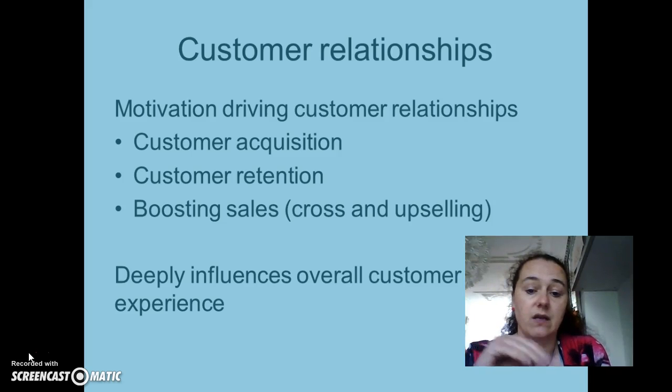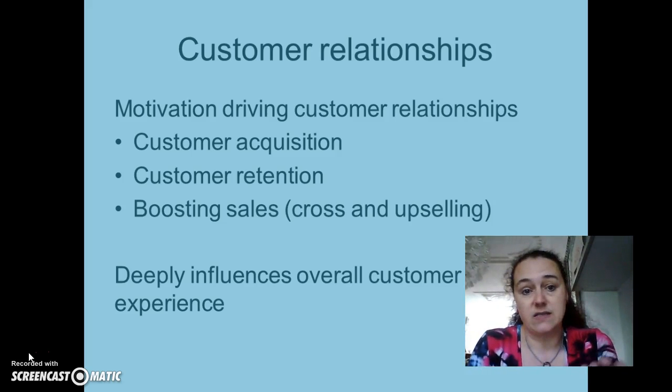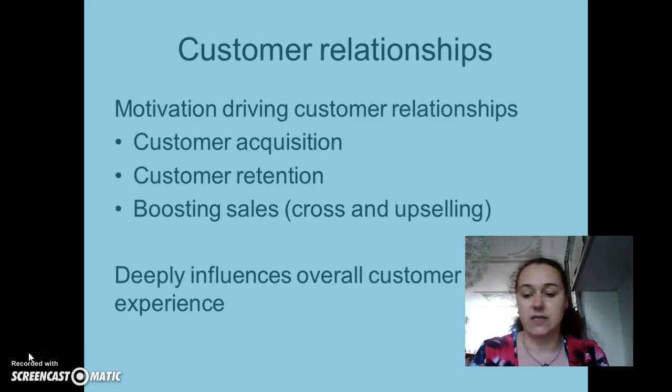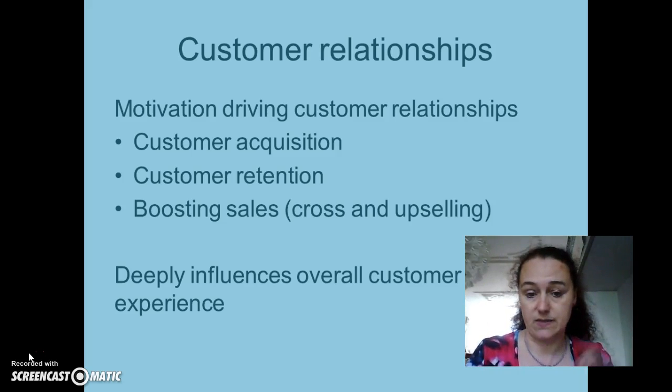So these are the motivations for these customer relationships, and how you do these things in your relationship with your customer is a big influence on the overall customer experience. And of course these things work completely different when you have your customer relationship with a bank, or with your favorite bar, or with your supermarket. But these type of drivers are always in there, from a business perspective, that is.